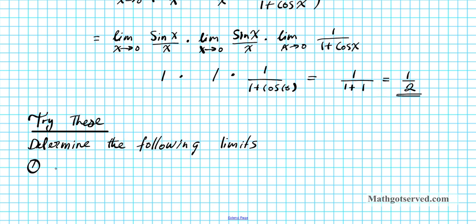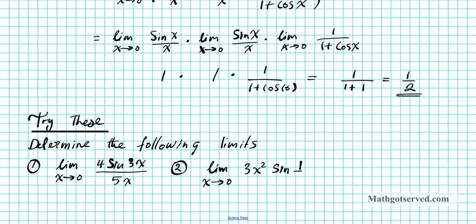Number 1, find the limit as x approaches 0 of 4 sine 3x over 5x. Number 2, determine the limit as x approaches 0 of 3x squared sine of 1 over x to the 4th. And then number 3 requires the use of identities.